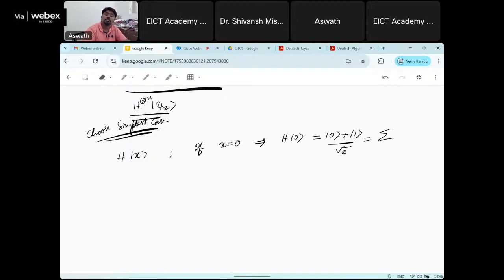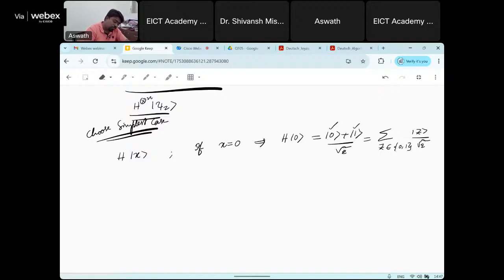I have already used the variable x, so I'll use a z variable, nothing to do with the Z gate. z belongs to 0 comma 1. I'll write it as the sum of z ket divided by square root of 2. Whenever z is equal to 0, I'll get this input, and whenever z is equal to 1, I'll get that input, so I'm just summing them.